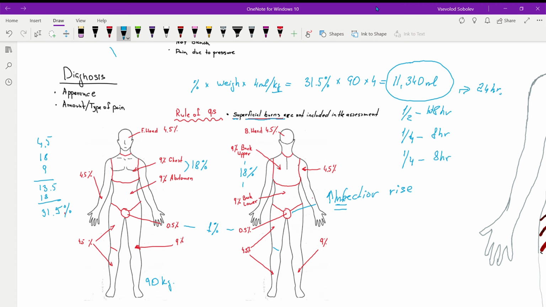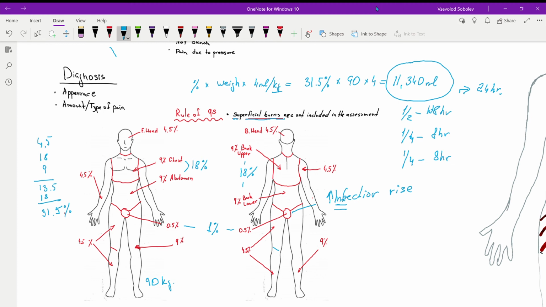And so the interesting thing is, you always break your infusion rate by 2. You divide your infusion rate by 2.